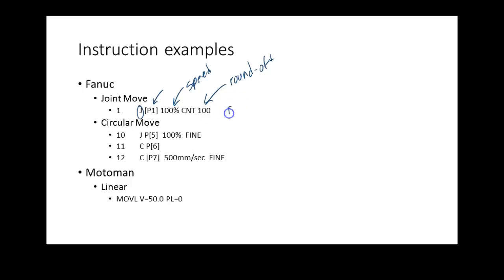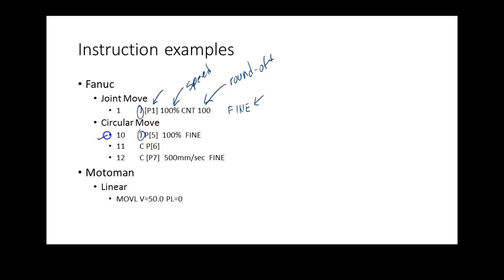So on the FANUC, you've got two options. You can select fine or continuous. If you select fine, you don't have to enter anything because a fine move is going to do what? It's going to hit the point. If you specify continuous, then you're going to have to specify a percentage of that. This is a circular move. A circular move requires three points.